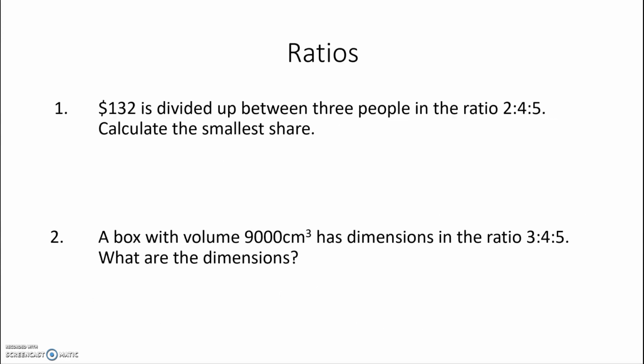Let's have a look at practical questions here. $132 is divided between 3 people in the ratio 2:4:5. Find the smallest share. Now, if we add up the number of shares, there are 2 plus 4 plus 5 shares. So there's 11 shares. So one share is thus 132 divided by 11, which is 12.